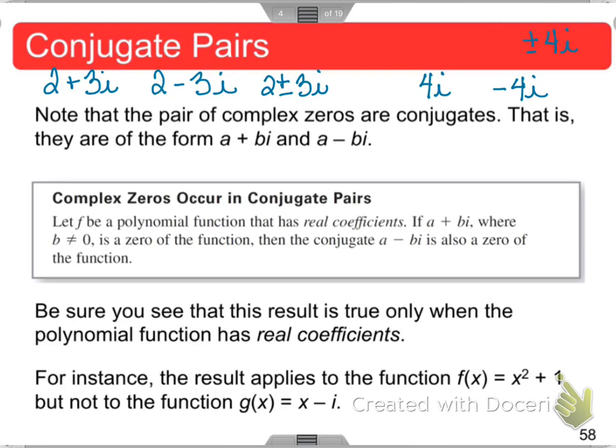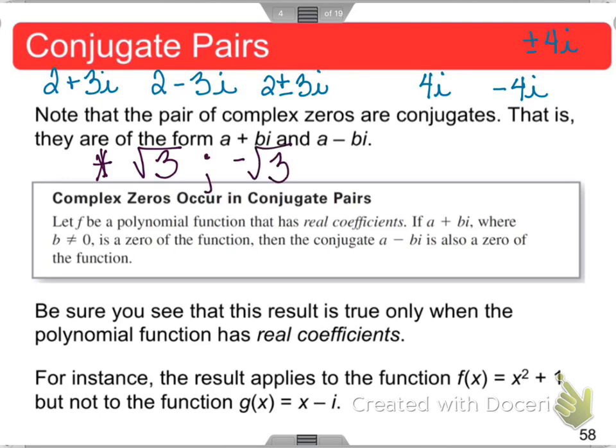Now, this particular screen is not talking about this, but the same is also true for irrational solutions. So if I have the square root of 3 as a solution, what do I also have? Negative square root of 3.